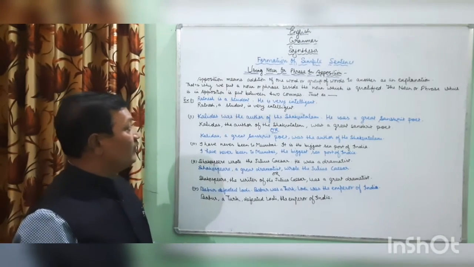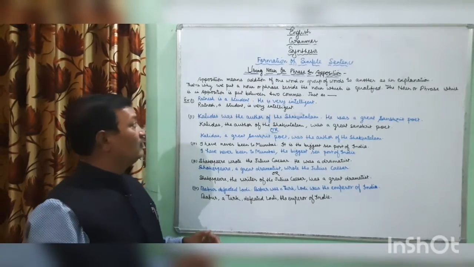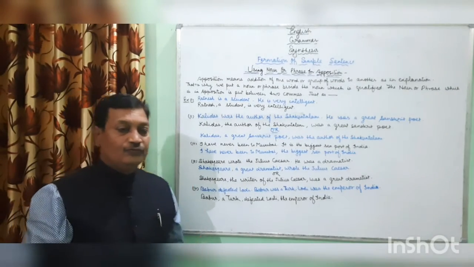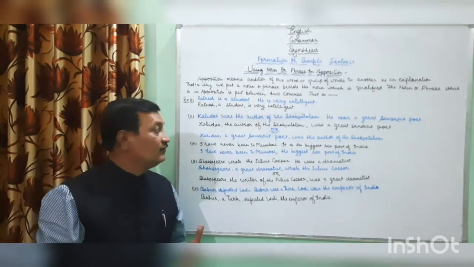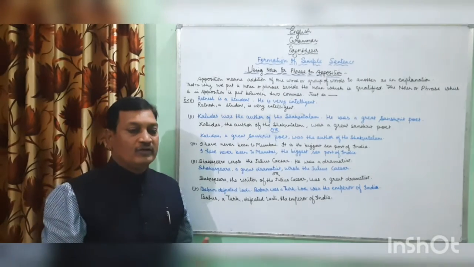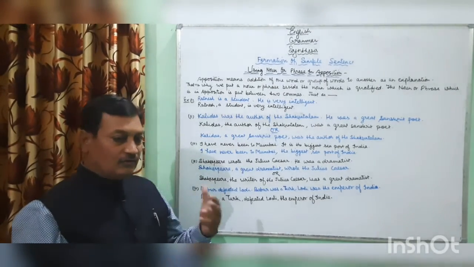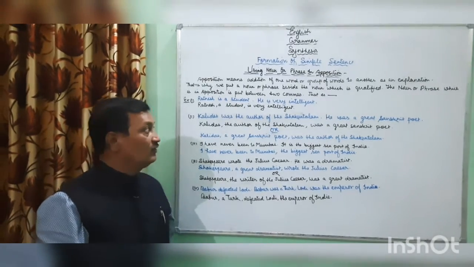Students, we should also know some facts. We should use this method when different sentences have two or more such nouns as indicate same thing, same person or same place.